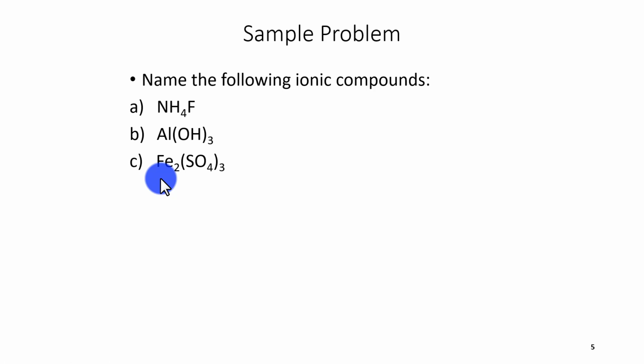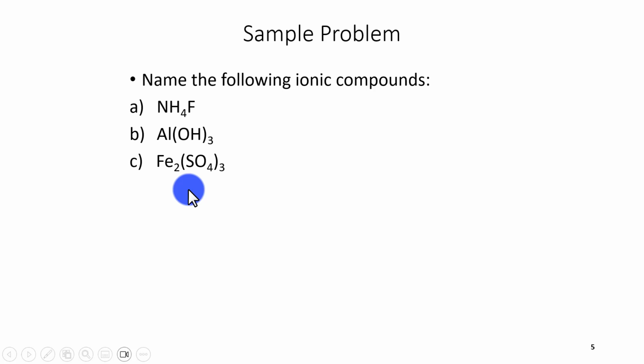In the case of those cations that form more than one ion, when you write the names, you're going to have to write the Roman numeral behind the name. Okay?